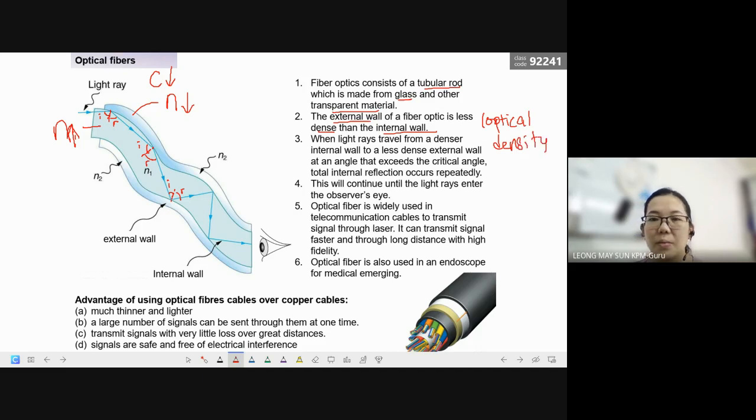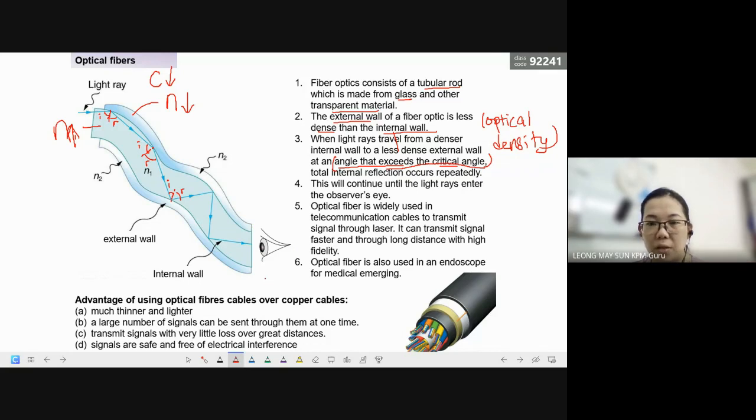So when a light ray travels from a denser internal wall to a less dense one at an angle that exceeds the critical angle, total internal reflection can occur. These are all keywords in terms of applications. This will continue until the light ray enters the eye of the observer or comes out from the fiber optic.